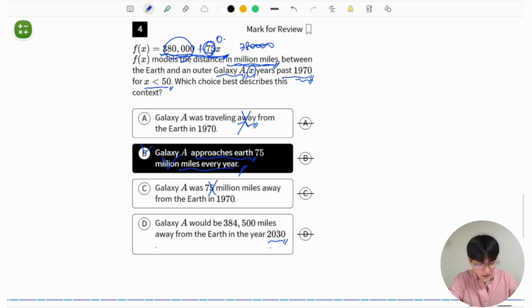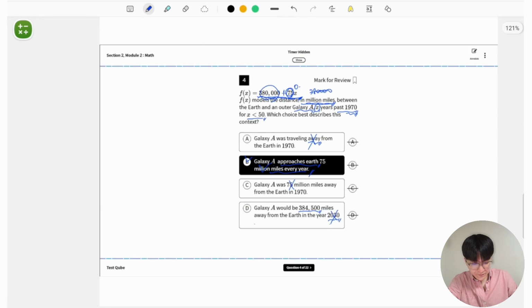So even if it does follow this trend, and let's just say this is the number, it still won't make sense because we don't know what the trend is going to be after the 50 years or after the 2020 mark. Okay, so that is an incorrect answer choice.